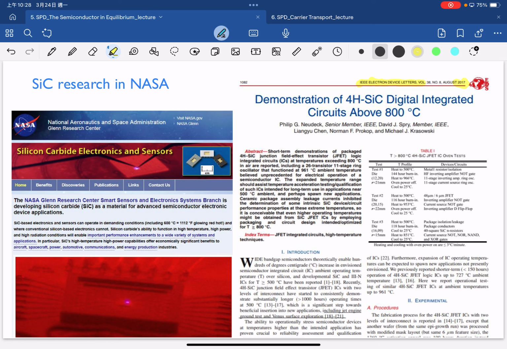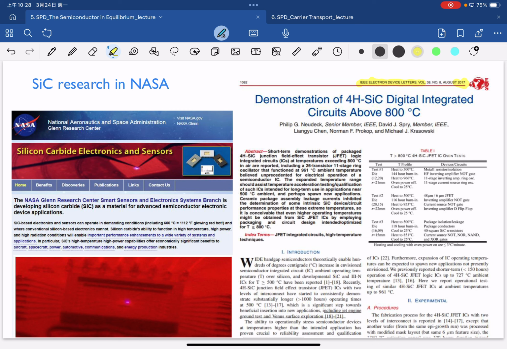EDL is considered the top journal in device level research. In this case, these authors are from NASA. None of these authors are from academia. These are papers originally published by NASA.